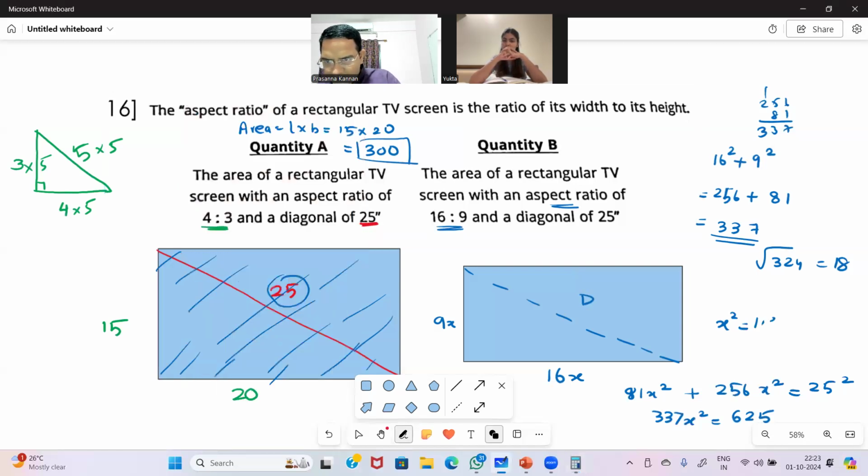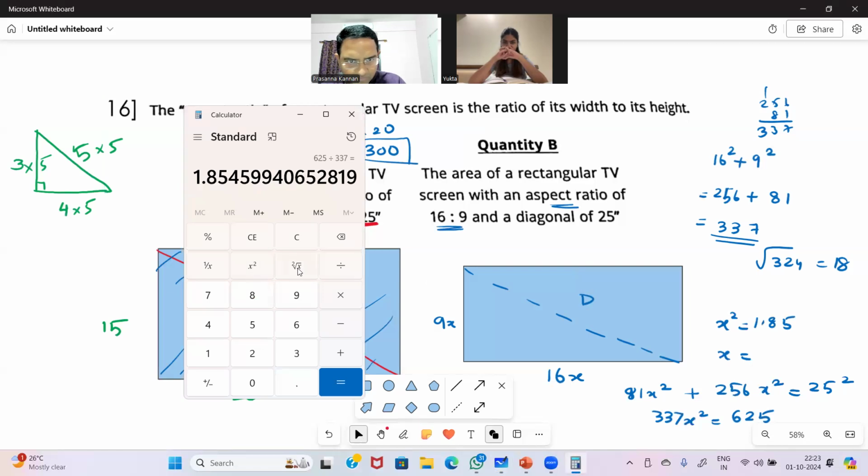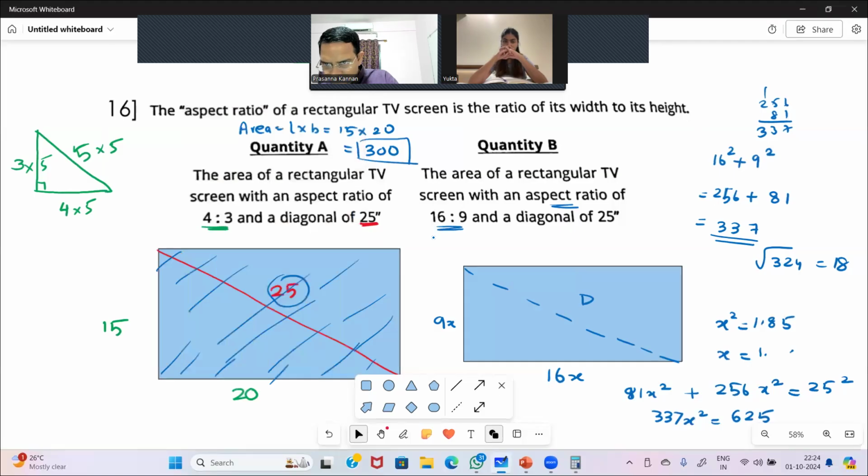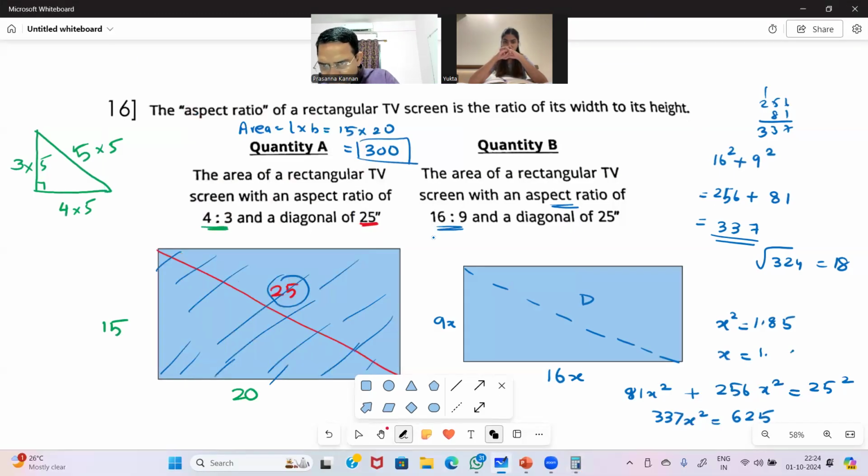So x square is 1.85. So what is going to be my x? 1.36, right? I'll also tell you a smarter approach, okay?